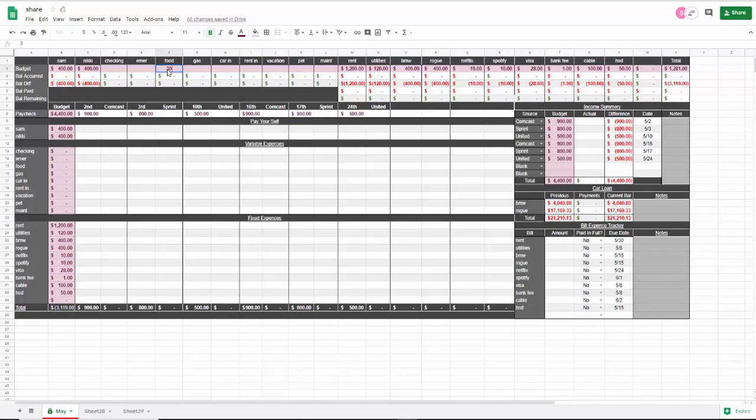So then, of course, food, gas, 300. We'll say 400, 100. So at least 181. Not much for your savings. So we'll say emergency will be 50.